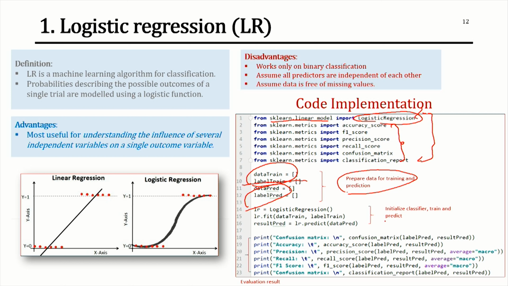And next, we need to initialize our classifier, and we train our model using the fit function. Next, we predict using the predict function. And lastly, we can find the evaluation results, whether our model captures the correct results, how much it gives us. So we will see this information from here.